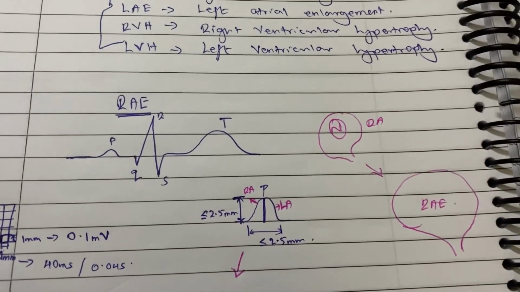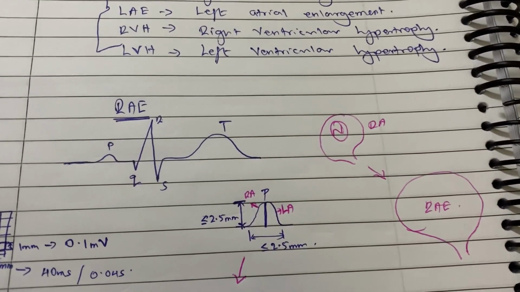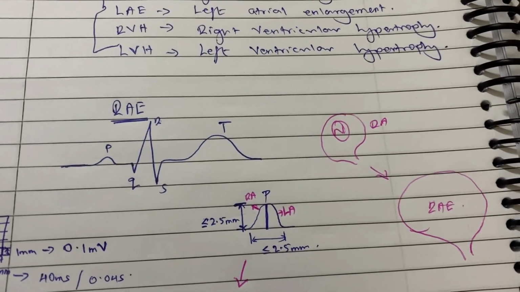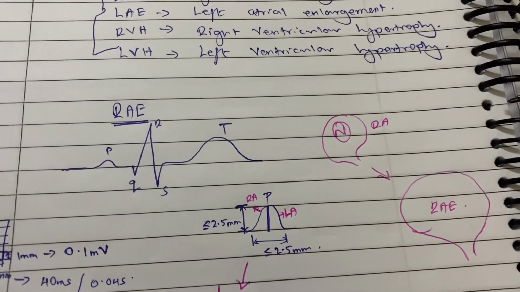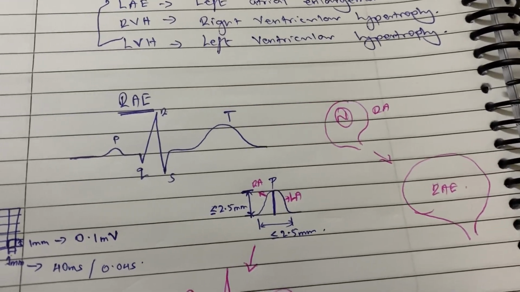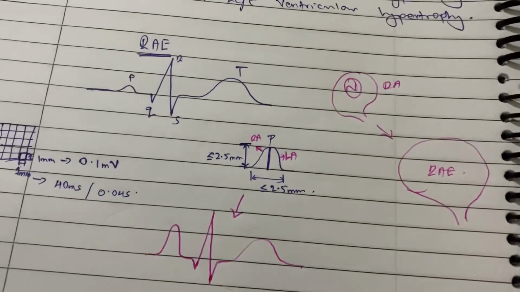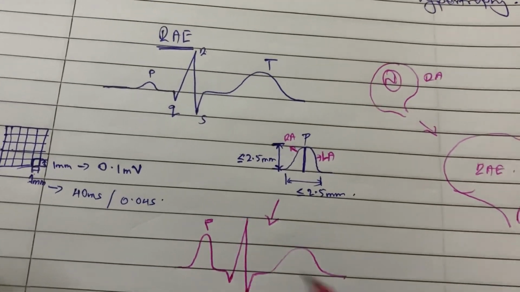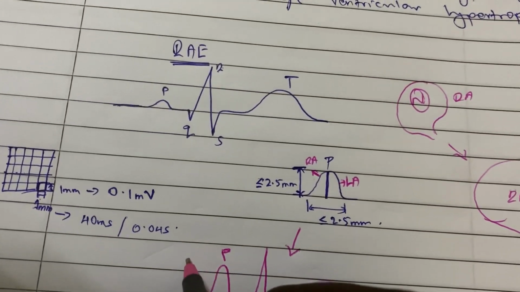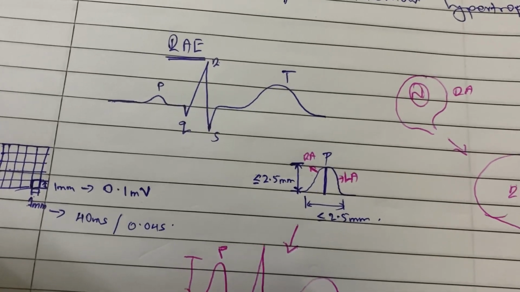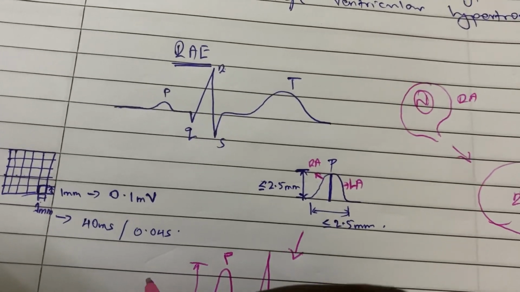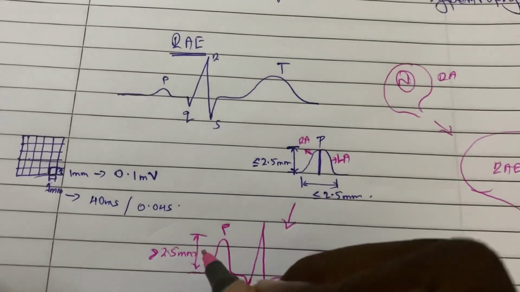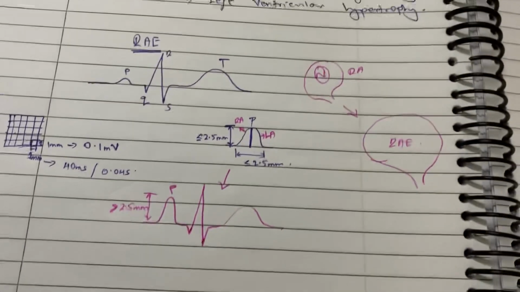So the normal P wave is going to turn into this, the P wave in right atrial enlargement. Very tall. So here the dimensions are more than 2.5 millimeters, but the duration is the same.